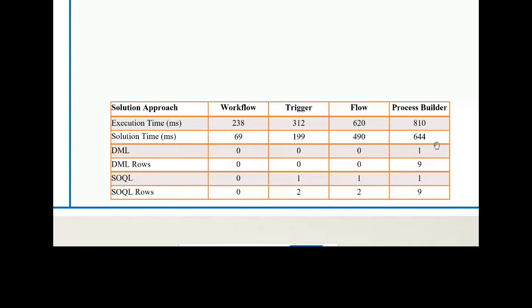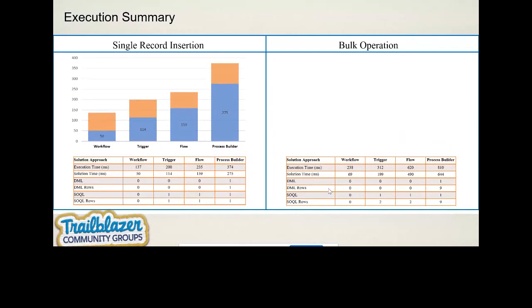And even the solution time, you can see an increment over here for process builder compared to other options. DML count, since of course it is bulkified, you can see DML count is 1 and SOQL is still 1. But for workflow, it is nothing. You can ignore this rows consumed because it was executed for a different count.